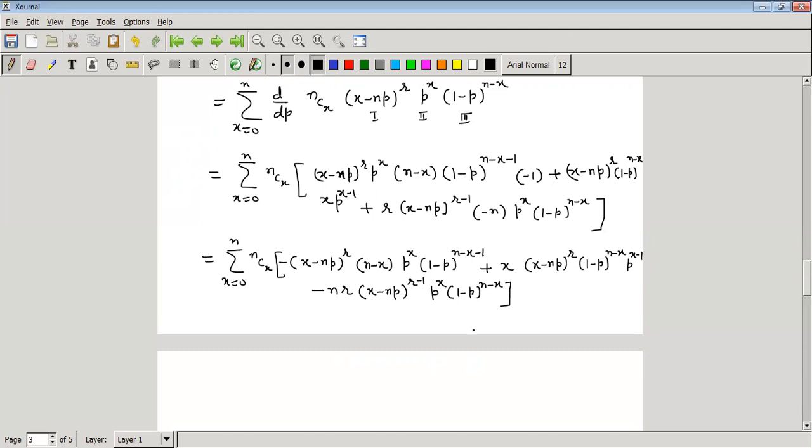So let this be equation number 2. So this is our d mu r over dp.